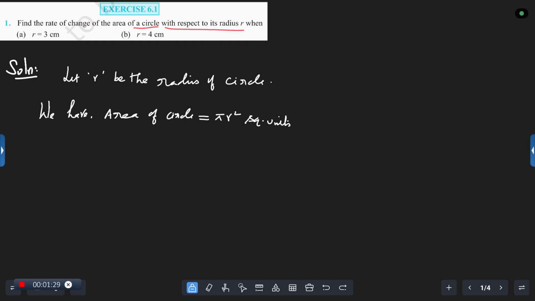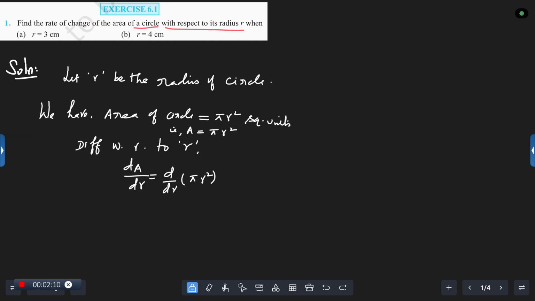Now here, they are asking to find the rate of change in the area with respect to r, so differentiate with respect to r. I take A equal to pi r square. dA by dr equals d by dr of pi r square.